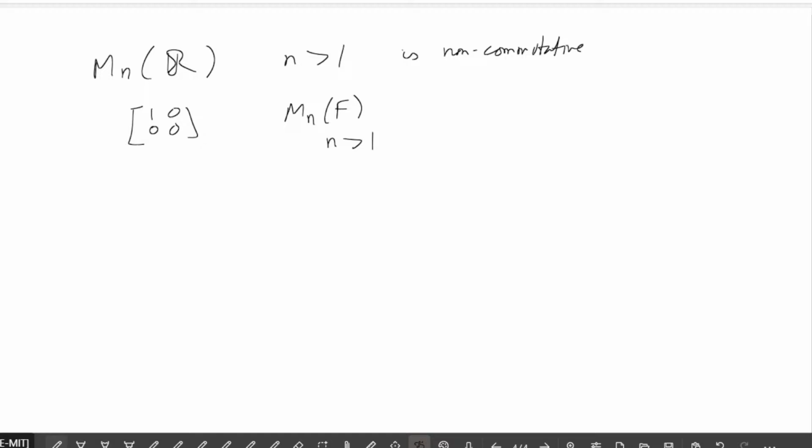So what is an example of a division ring which is not a field? A non-commutative division ring. What is an example? Okay, let's try that.